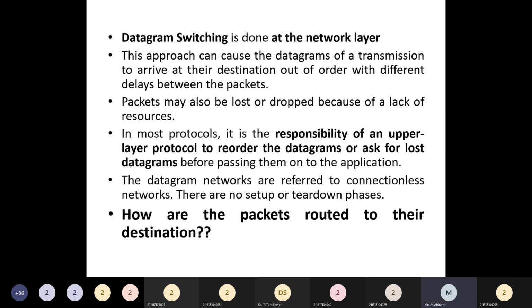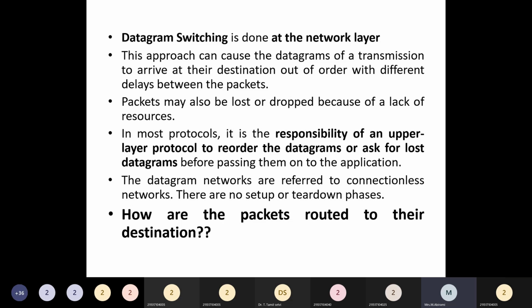During transmission, packets may be lost or dropped because of a lack of available resources. When packets are lost, the upper layer protocol must detect which data is lost and recover it from one application to another.